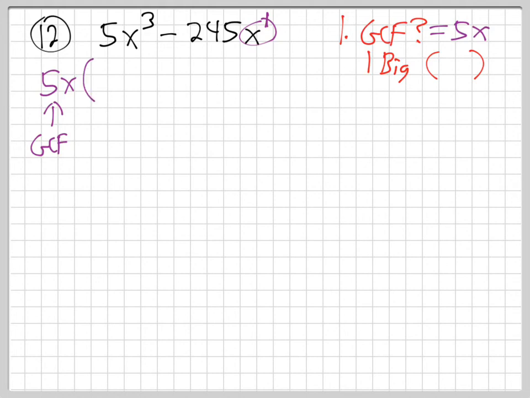And then you put what? One big parenthesis, and you put inside whatever works. This is going to be two terms separated by subtraction. 5x times what will go back to 5x cubed? Out front numbers multiply, powers add, x squared. Yeah, 1 and 2 powers add, don't they? And 5x times what? I don't know. Use your calculator. 49.